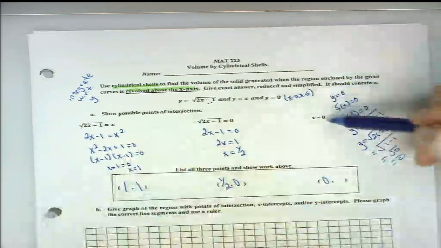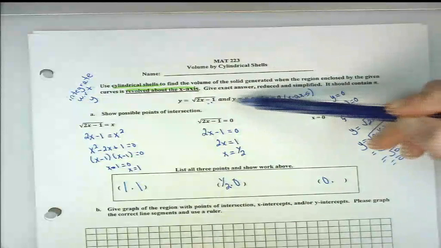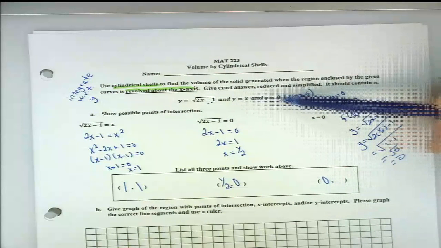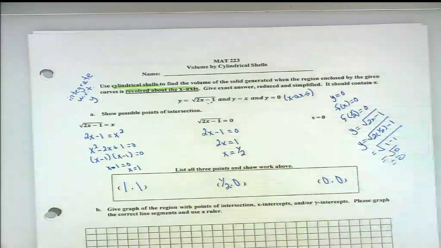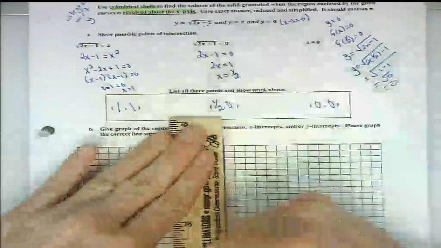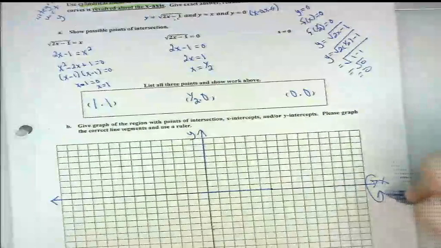And then for this one, and the axis of revolution is the x-axis for this cylindrical shell.